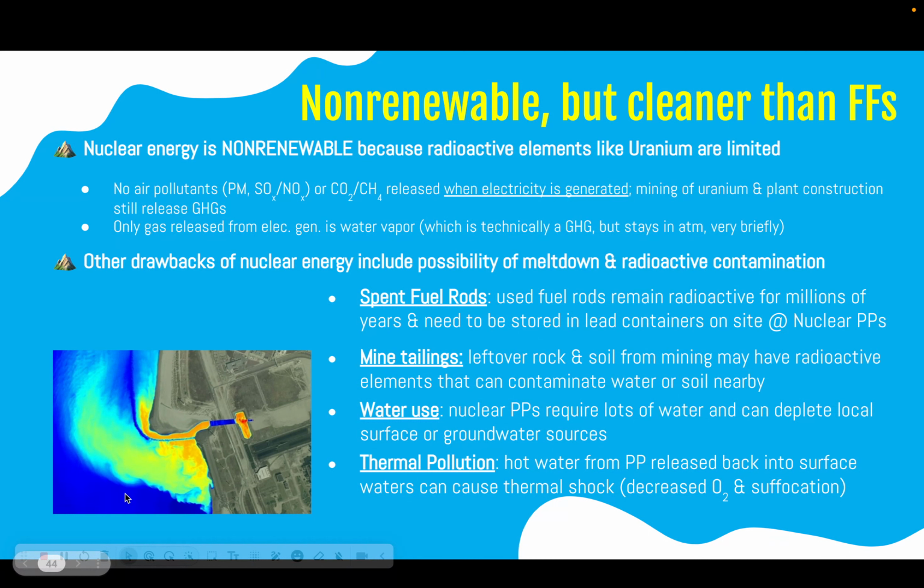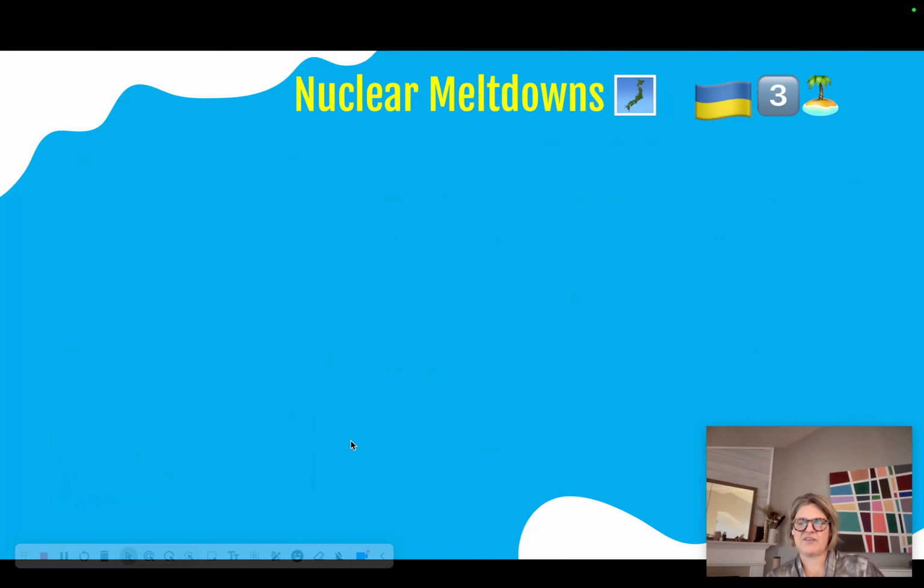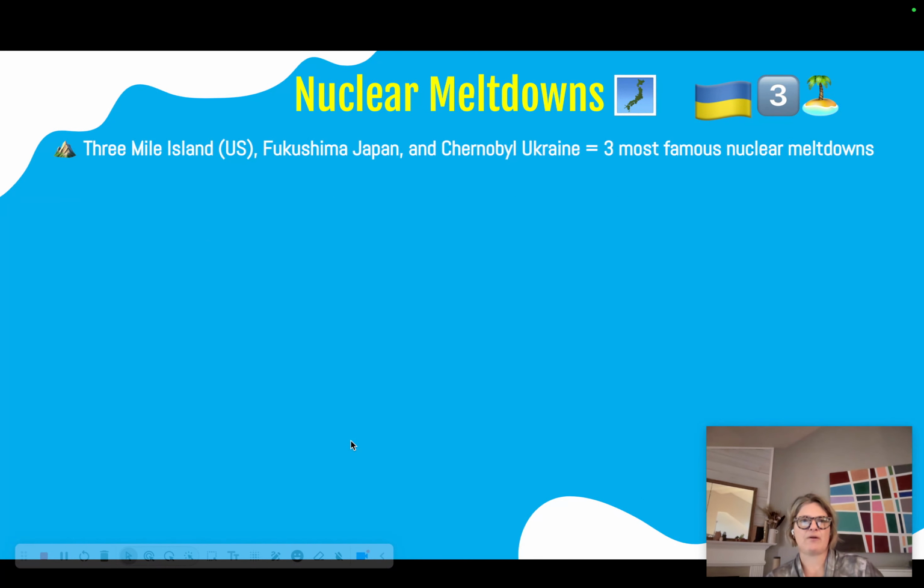And with all pollution, you're going to hear me say that the solution to pollution is dilution. And so as you dump the thermal pollution, it's going to mix with the other water around it and cool, and so eventually it will all turn back to that dark blue color like it should be. But that thermal pollution can be a real problem in the area of the reactor, the power plant.